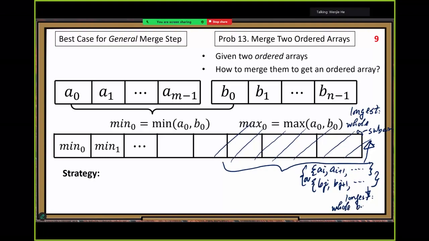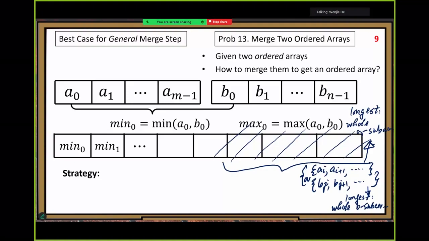That's the longest, right? So for the A case, the whole A subarray is used as a tail.